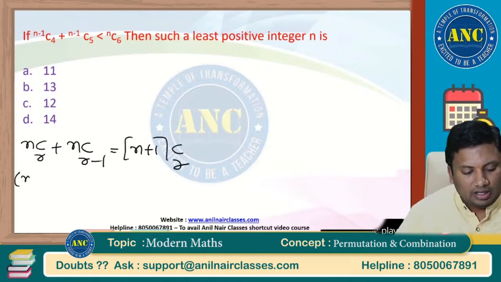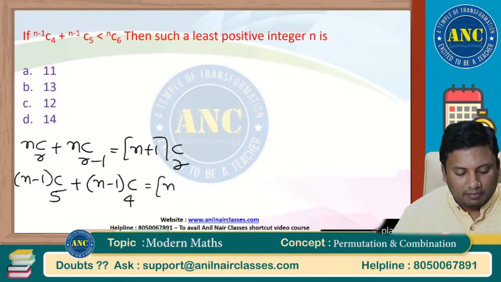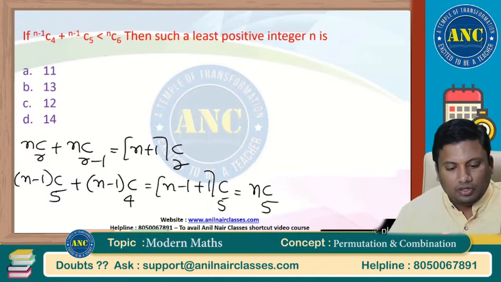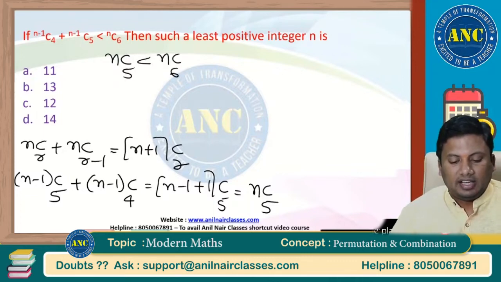So this is n minus 1 C5 plus n minus 1 C4, which is n minus 1 plus 1 C5. This is nothing but nC5. So nC5 is less than nC6.